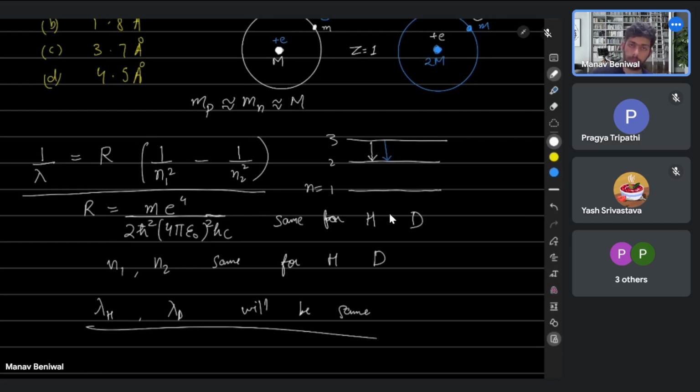Now there is a flaw somewhere here, and this flaw is also discussed in the lectures. We are making one mistake here. Can anyone tell me what mistake we are making?